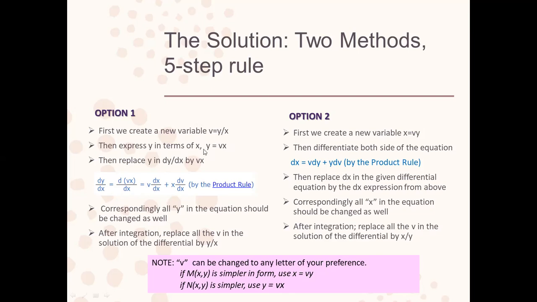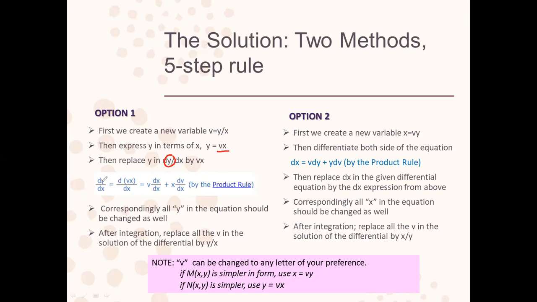So meaning everything, all the y's in your original DE should be replaced by vx. You change all the y's. Now, since you change all the y's in your DE to vx expression, that includes the y also that appears in that derivative itself. So meaning in your dy dx, the y here, let me annotate so you will see. The y that you are seeing here should also be changed to vx.